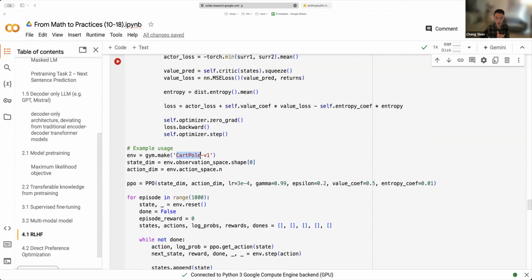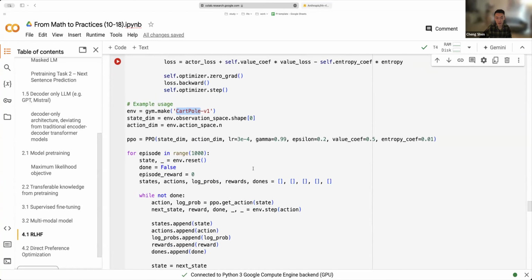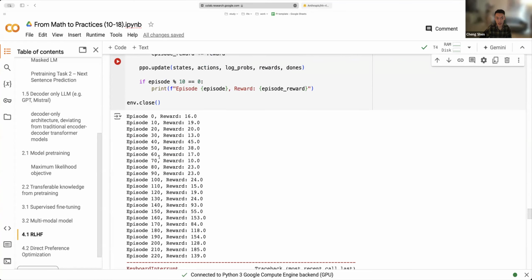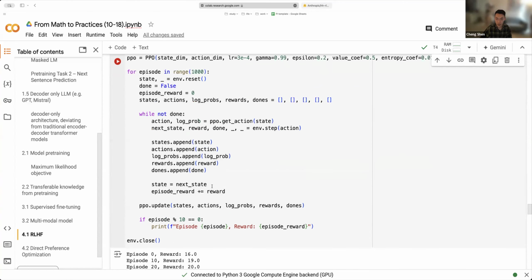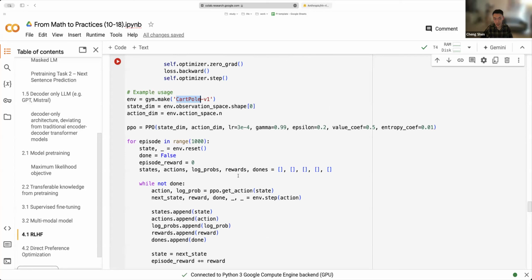You move the cart to make sure the pole always stands on top of it, and you can see through the training that the reward keeps increasing. The model is getting better at stabilizing the pole. It's interesting to look at, but we're out of time. I'll try to stay a few more minutes to answer a few questions, and I'll share the notebook so you can also play with it.